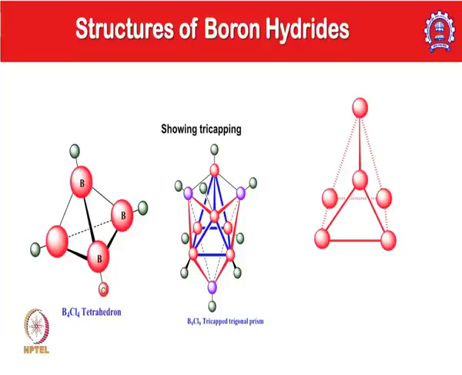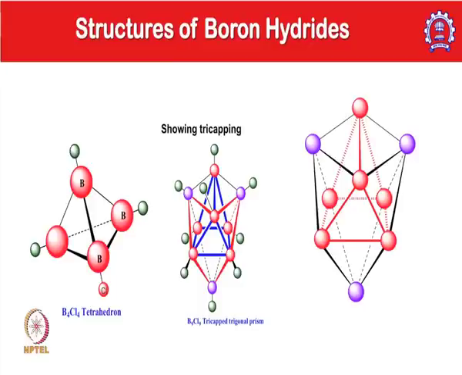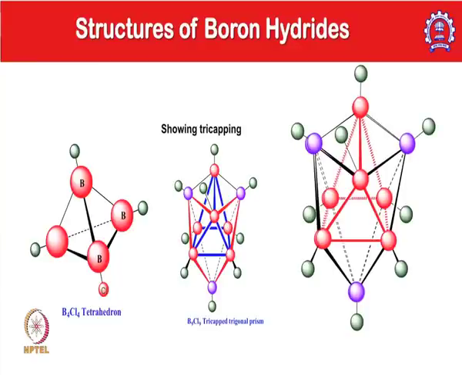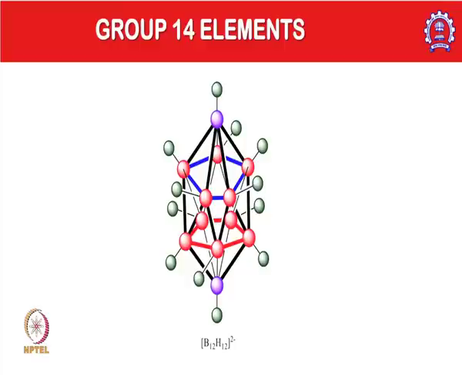This is a trigonal prism, and then on each rectangular face you place one boron atom in this fashion, and then connect them to the 4 corner boron atoms in this fashion. Now, each boron atom can have either a hydrogen atom or chlorine. So, this is B9H9, or it can be B9Cl9 if it is chlorine. This is called tricapped trigonal prismatic geometry.